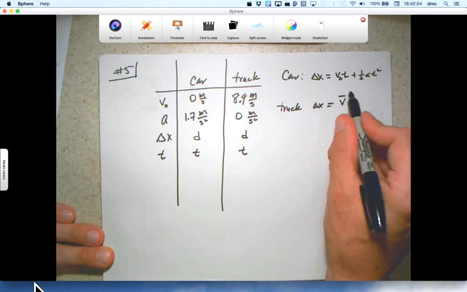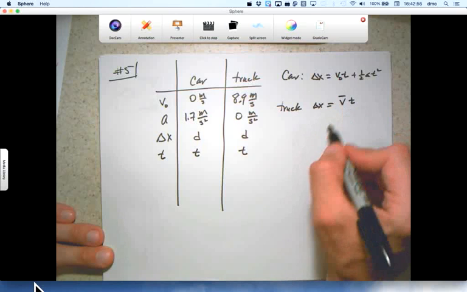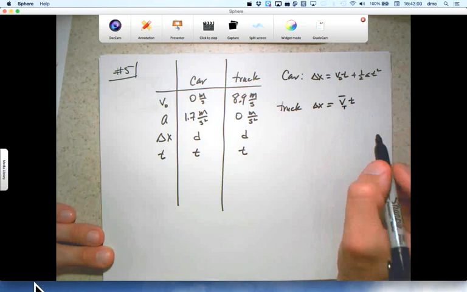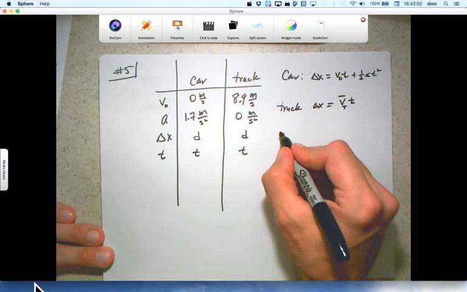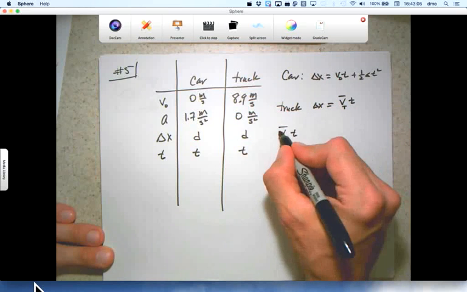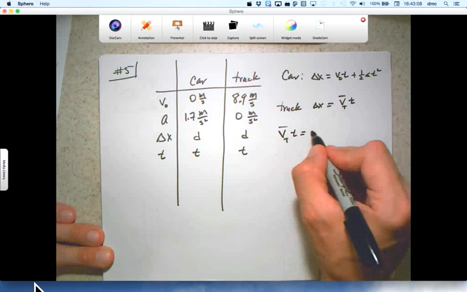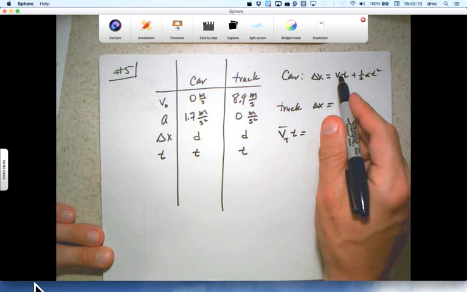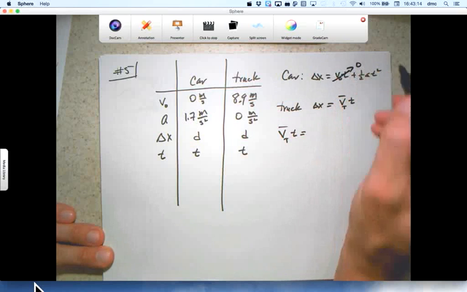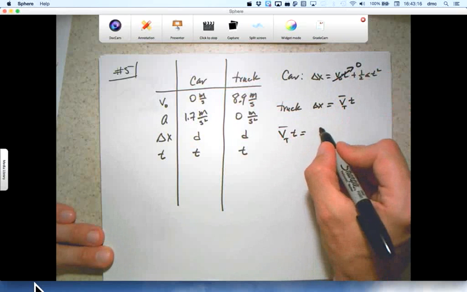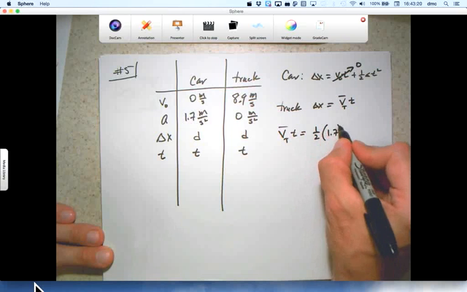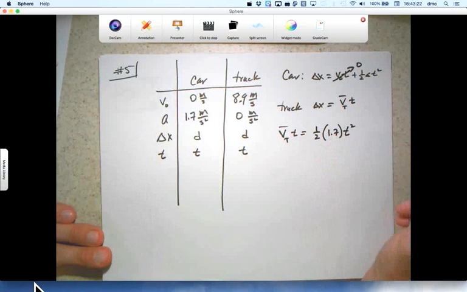So that's 8.9. So let's just put a little t underneath so I know that that's truck. So average velocity for the truck times the unknown time is equal to the initial velocity of the car, which is 0. So this whole term goes to 0 because of that. So it equals 1/2 the acceleration of the car, 1.7, times t squared.